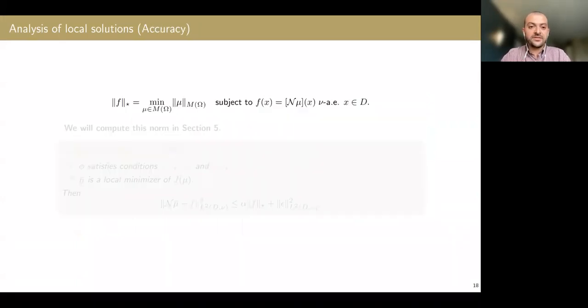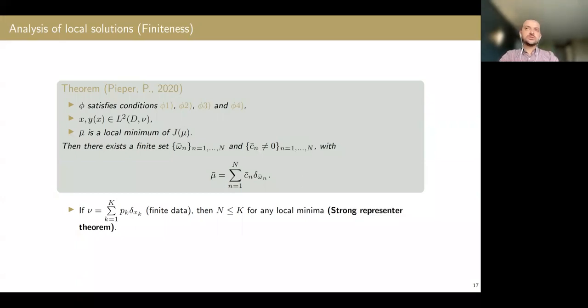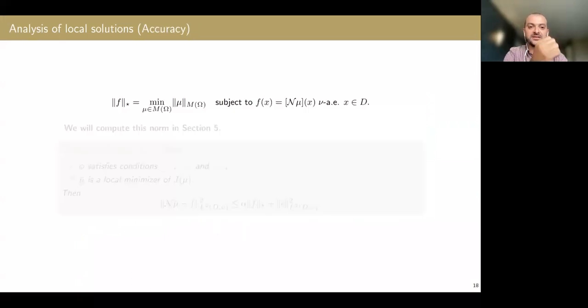Of course, you might say, okay, it's good, you're penalizing the weights, you find a sparse network. But what if you're penalizing too much? What if you're sacrificing the fidelity for the size of your network? You could take a network with one node, but it has a really horrible fit to your function. The next theorem shows, on top of everything, that with local solutions you also get good accuracy.